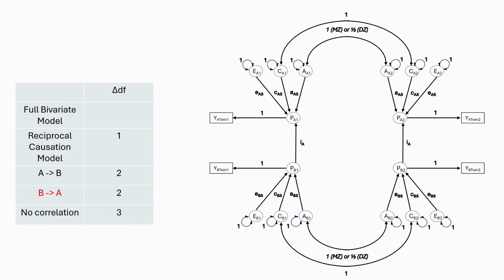Note that the unidirectional models are not nested within each other and so can't be directly compared in terms of their log likelihoods, but they can be compared using other measures of model fit, like AIC. Finally, we can test the hypothesis that there is no correlation between observed variables YA and YB.